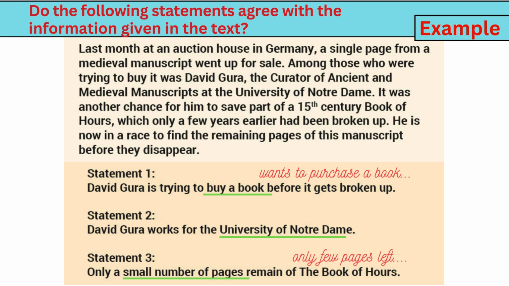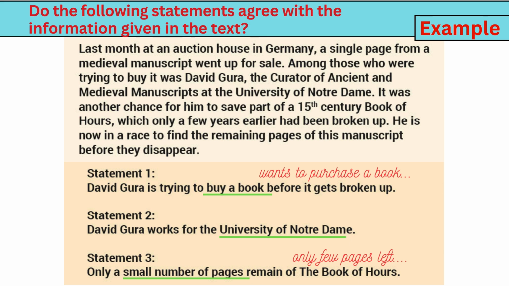So I get the idea that there is a book and only a few pages are left. So I just rewrite the statement like this: only few pages left of that book. This is the main idea I'm talking about. If you understand a statement and rewrite it as a small sentence accordingly, that will help you to locate your answers in the paragraph easily.